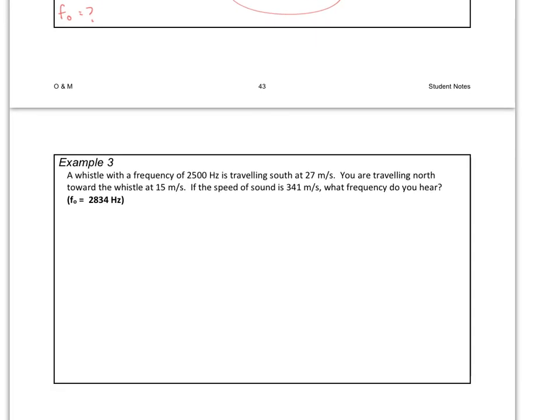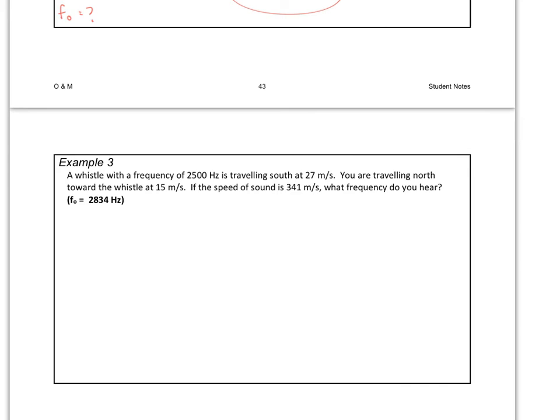And our last one here: a whistle with a frequency of 2500 hertz is traveling south at 27 meters per second. You are traveling north towards the whistle at 15 meters per second. If the speed of sound is 341 meters per second, what frequency do you hear?